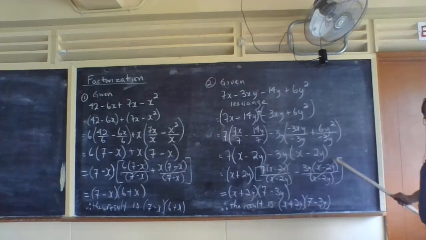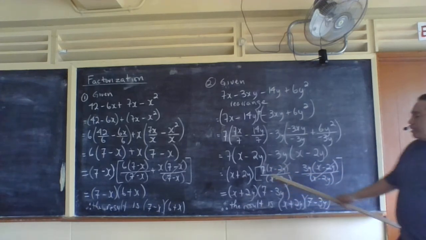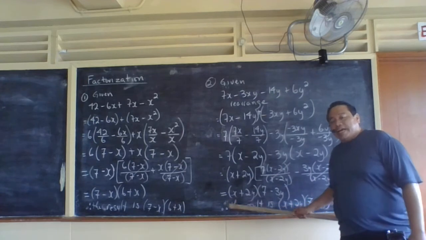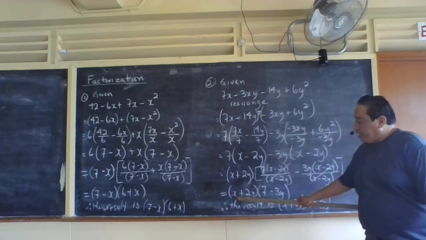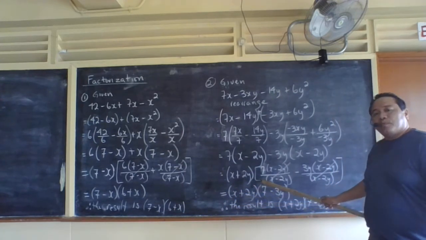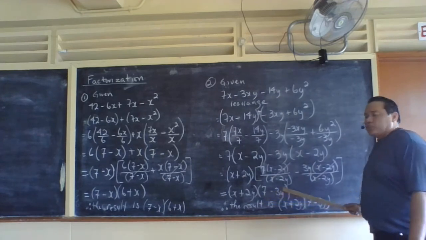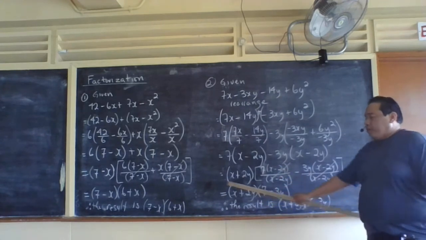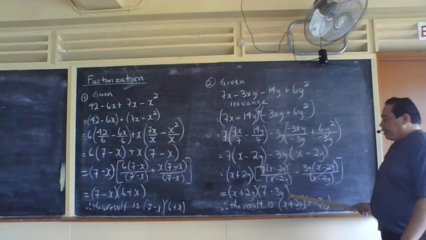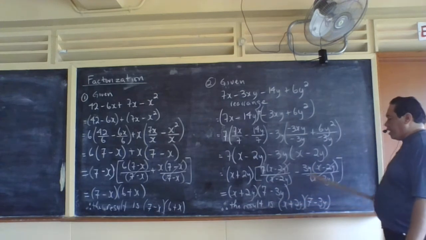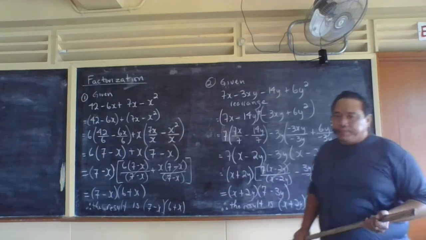The x minus 2y will cancel, giving me the next line equals open bracket x minus 2y, close bracket, open bracket 7 minus 3y, close bracket. Therefore, the result is x minus 2y times 7 minus 3y.